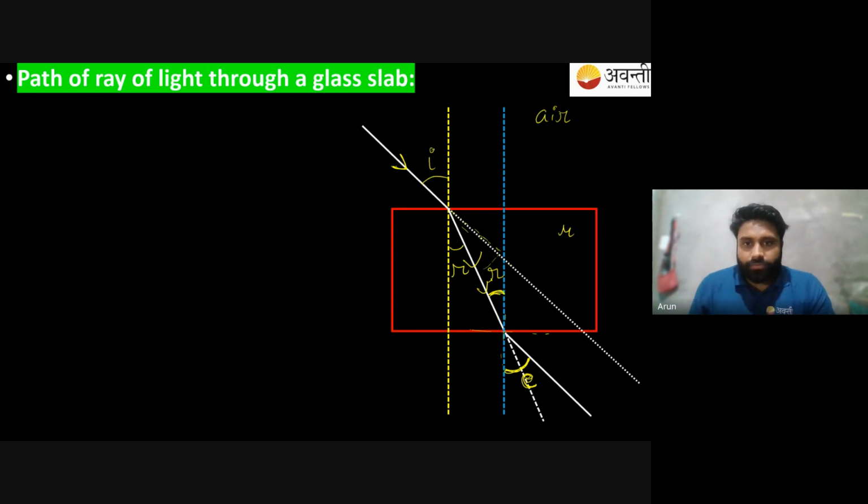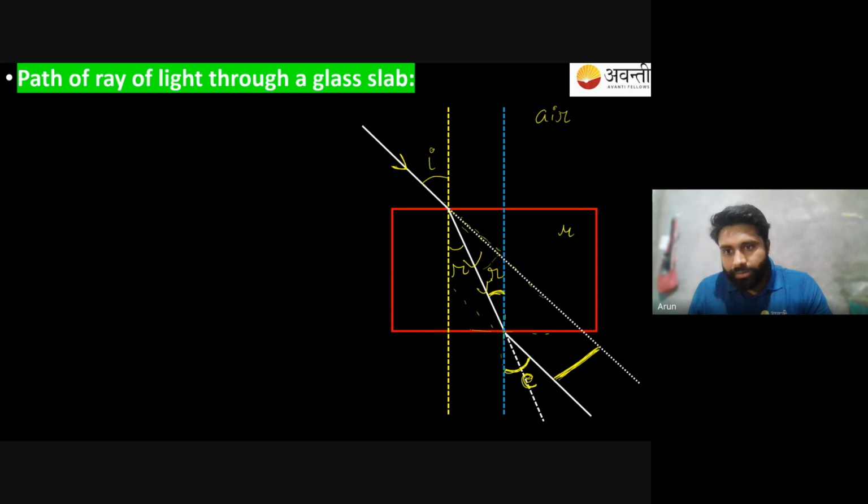Okay, so you have to calculate this shift, because if there is an observer here, what will appear to this observer? This ray is coming directly along this path. So there is a lateral shift in this direction, relative to the previous direction, the direction of the incident ray.